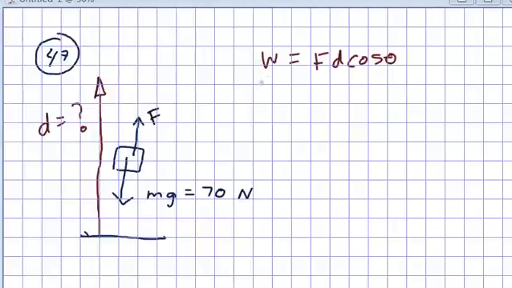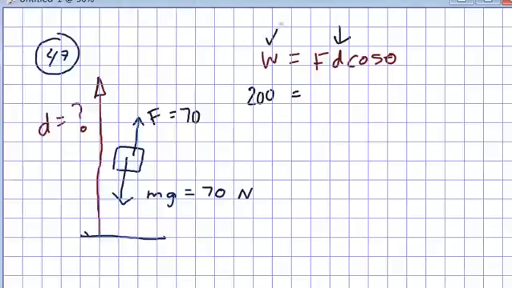Question 47, skipping ahead, asks about the distance traveled. If we know the amount of work that's done, 200 joules, by some unknown force working against gravity. Well, if you're going to be working against gravity, that force has to be just as big as gravity, maybe a itty bit bigger, but basically 70 newtons going up against gravity.